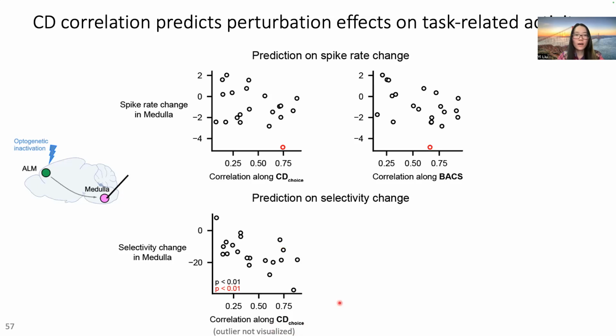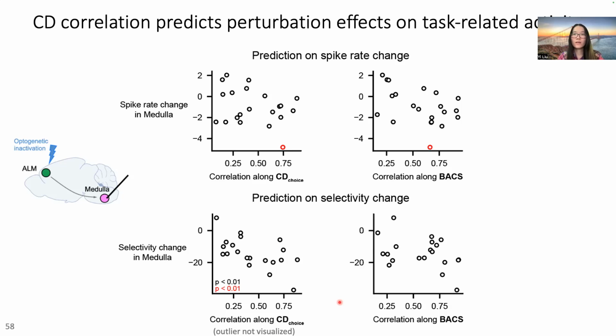And we see that the ALM perturbation effect on selectivity in medulla can be predicted by the correlation between medulla and ALM along CD choice. But if we change the x-axis to correlation along BACS instead, it cannot predict selectivity change in medulla anymore.